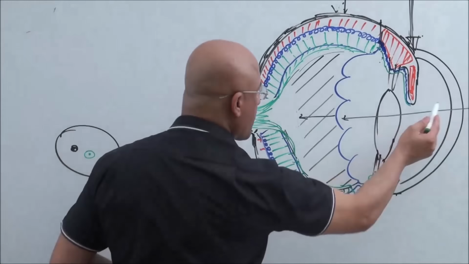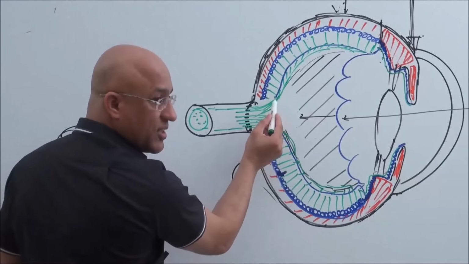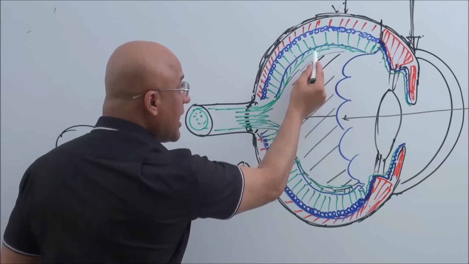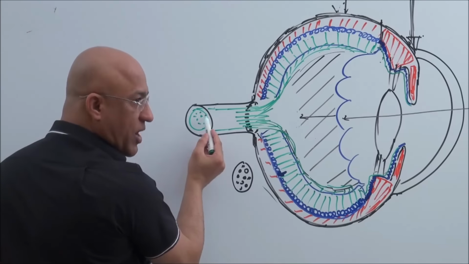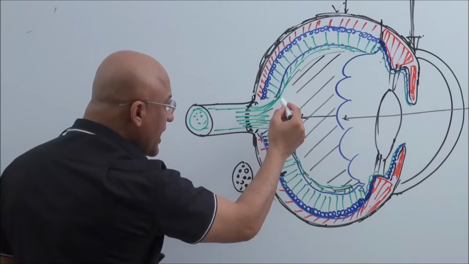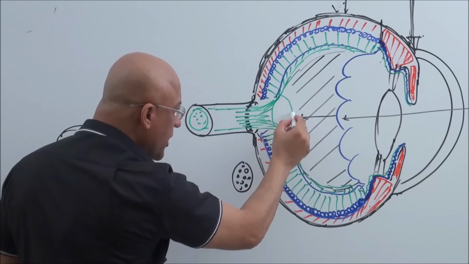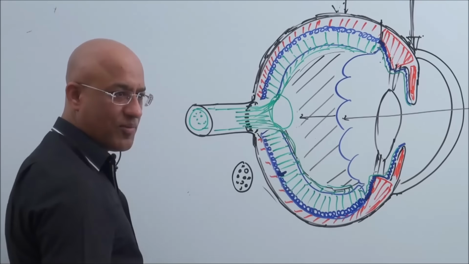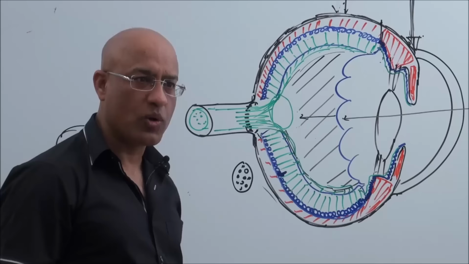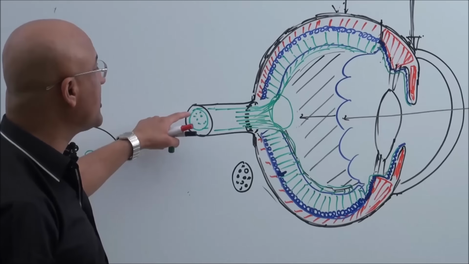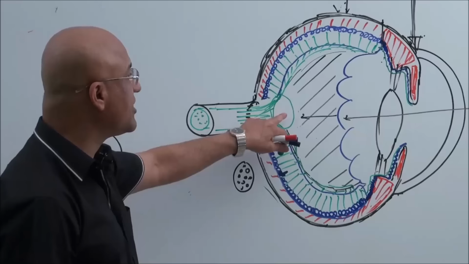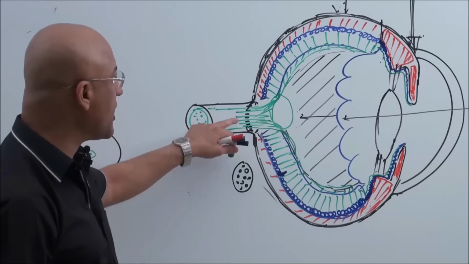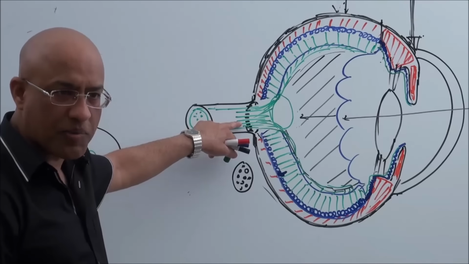When you see from the front, the point through which all the neuronal fibers are moving backward is called the optic disc. So what is the optic disc? In a way we can say it's the head of the optic nerve. Or we can say the optic disc is sitting just in front of the lamina cribrosa.